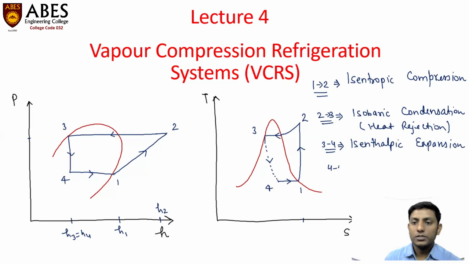The 4 to 1 process: as you can see, the pressure is constant, so it is isobaric evaporation or heat absorption.